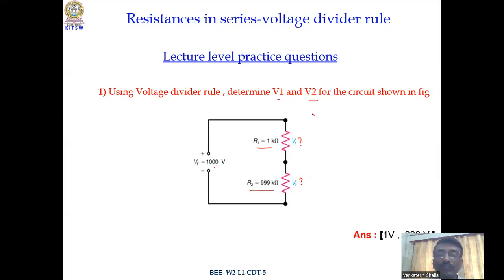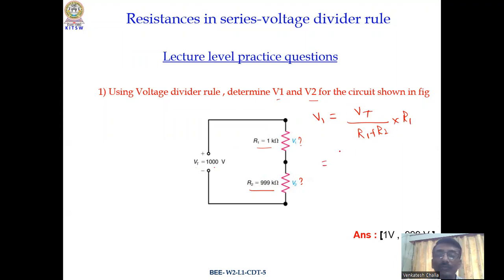So how will you find V1? V1 is equal to total voltage VT divided by R1 plus R2 into R1.